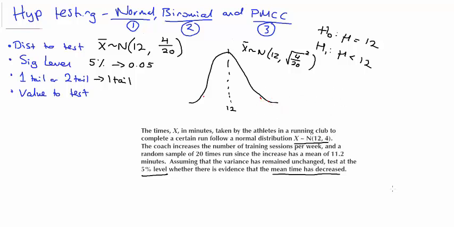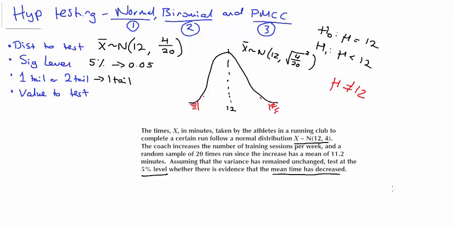Okay, and then finally, a two-tailed test. This would be when you've got mu is not equal to 12. So we're saying, we just don't think it's 12. We're not making a specific argument that we think it's increased or decreased. It's just not 12. So what we're saying is, does it fall into the extremes on either side?